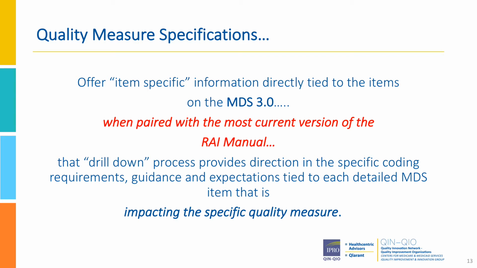It is really a loop to make sure that the facility's knowledge base is in alignment with the interpretation and the guidance offered in the RAI Manual, and that you have systems in place to capture appropriate information to support your MDS coding.